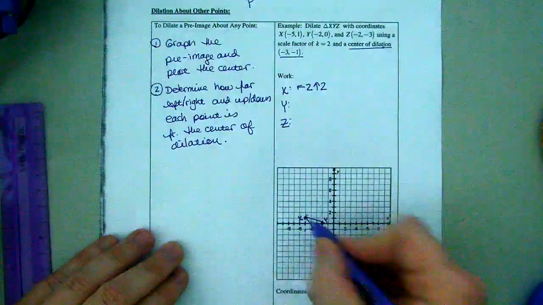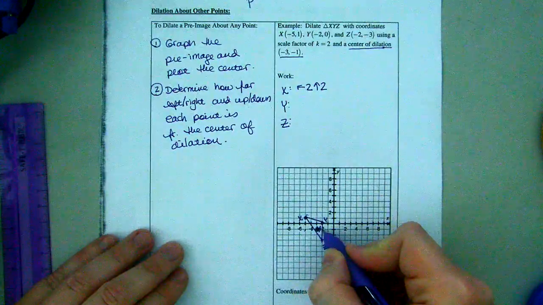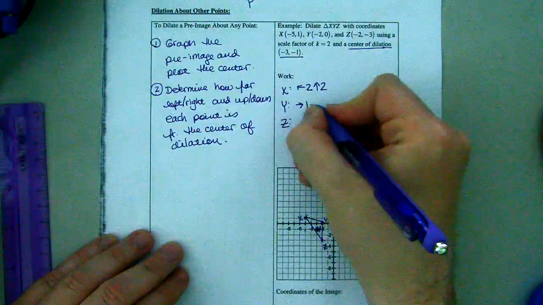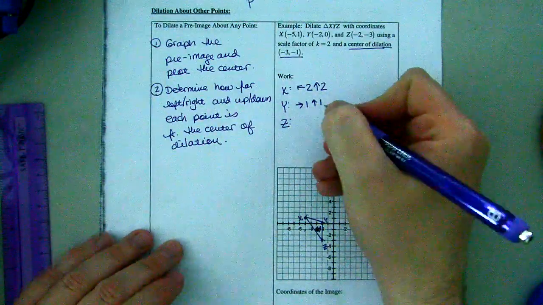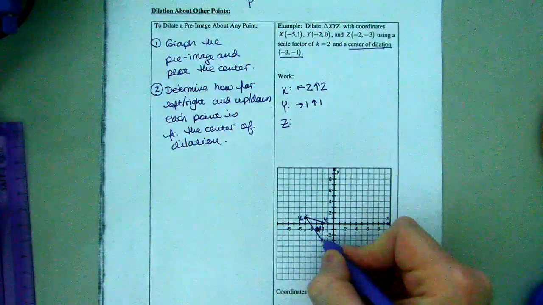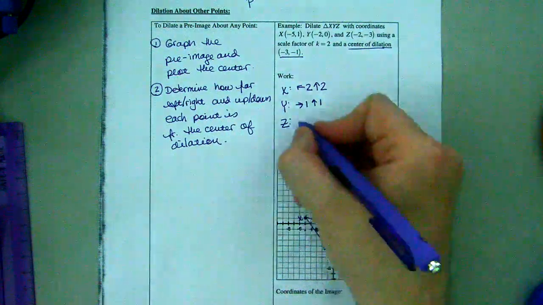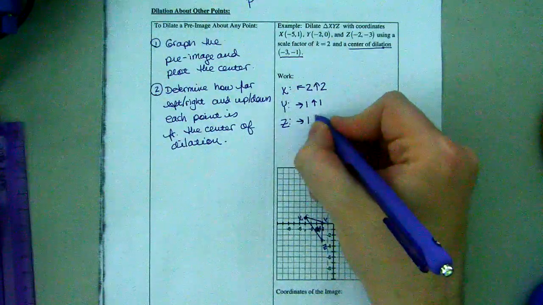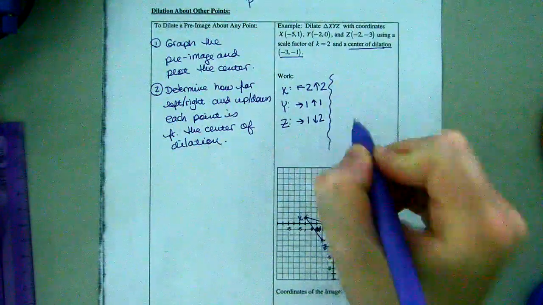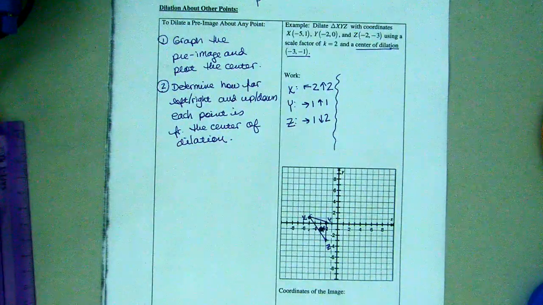I went left 2 and up 2 to get to x. To get to y from the center, I would move right 1 and up 1. You can do it in words, but I think it's going to be easier to do it in arrows. To get to z, I'm going to go right 1, down 2 from that center. That's step number 2. Pause to make sure this is all in your notes.